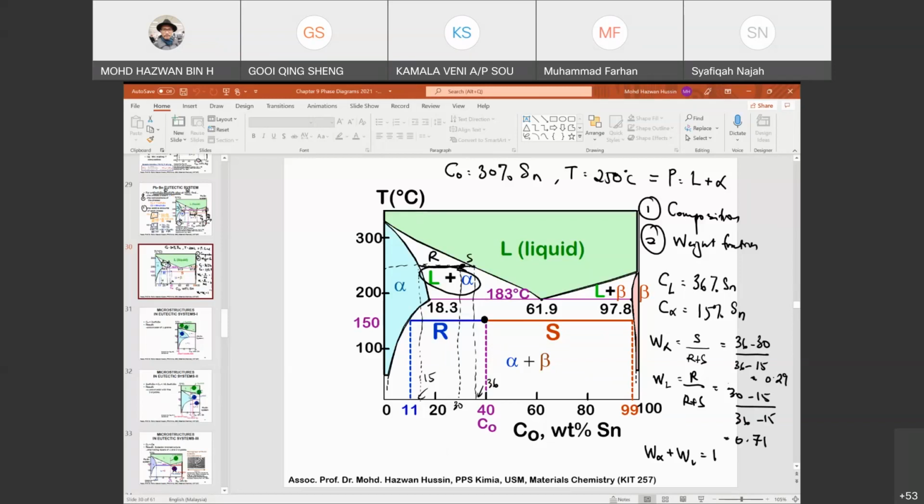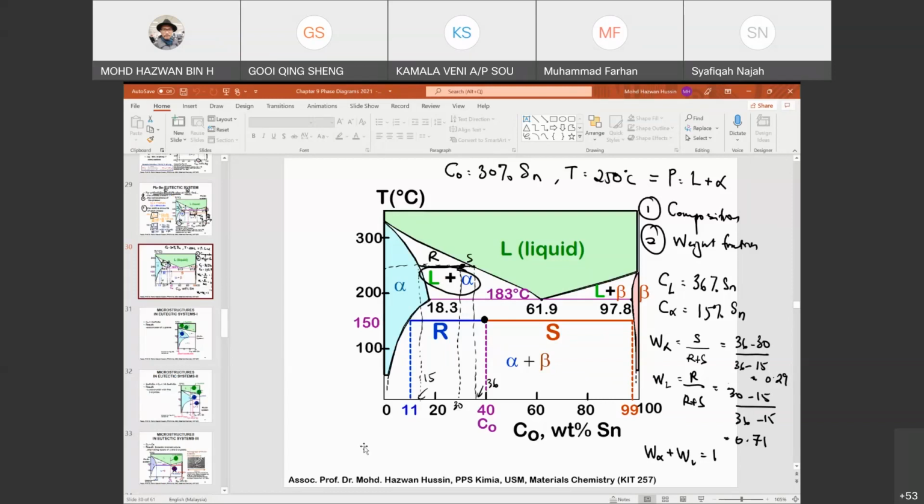But maybe some are still struggling with the basic concept of reading the isomorphous phase diagram. I have not gone through yesterday's quiz. Some of you submitted it today, so later on I will check it and we can discuss.